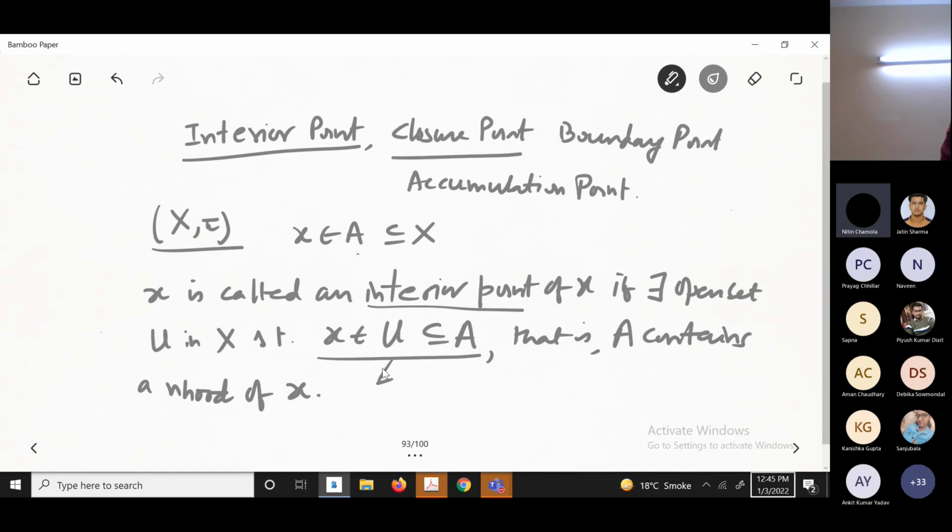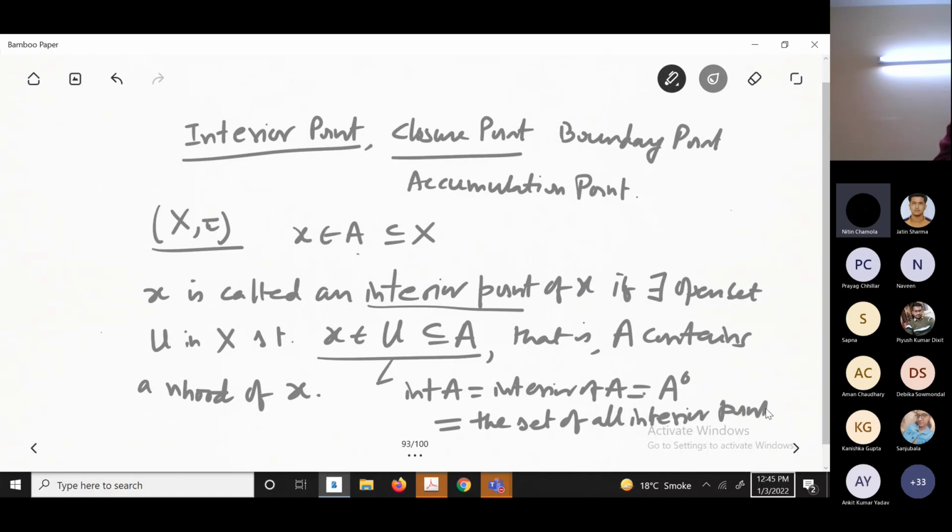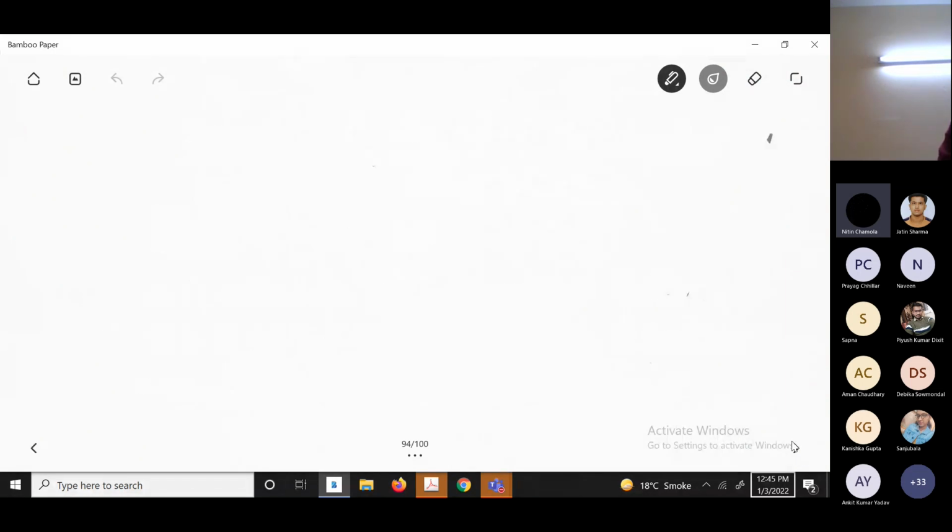So x is called an interior point if A contains a neighborhood of x, and int A, the notation meaning interior of A, or some people use another notation, is the set of all interior points of A. First you define an interior point of a set, and then you define the interior of A. So an interior element really is inside the set.